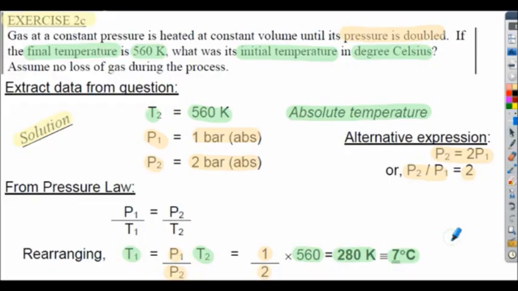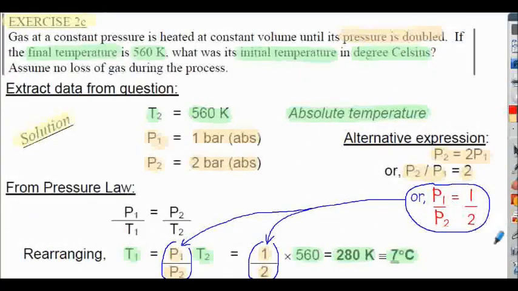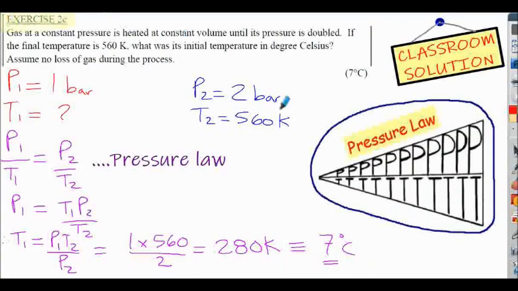In fact, the pressure is doubled. We're not given any specific pressure, but the pressures we're using here conform with the requirements of the question. And exercise 2C, classroom solution, showing the transposition of the pressure law for T1.